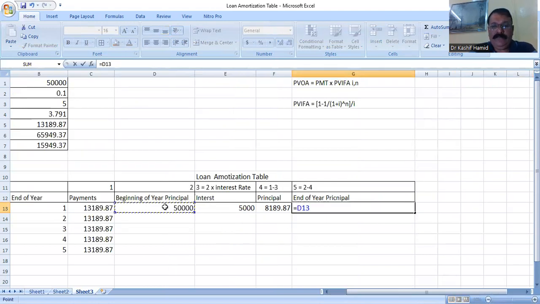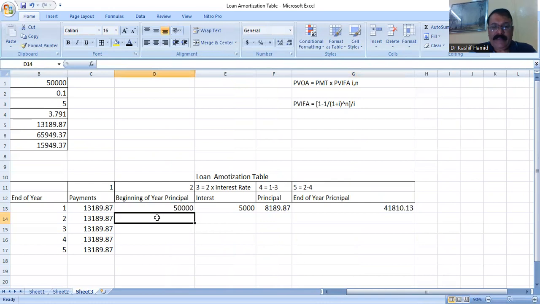It's the second column minus fourth column, and again the principal amount will be equal to the last year's ending principal, which will become the beginning of year principal for the second year.